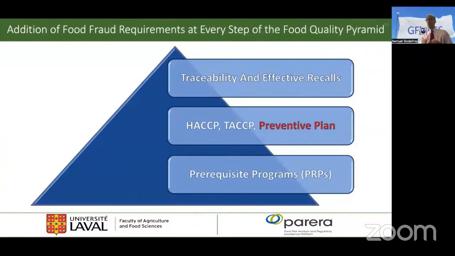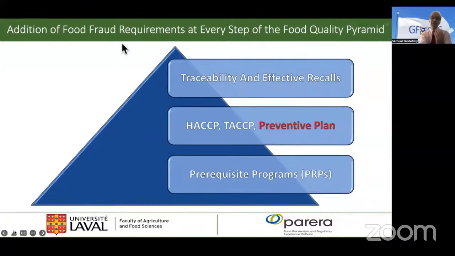Now, in general, the way food fraud would need to be managed could mirror approaches that are adopted for food safety. So, of course, prerequisite programs, looking at the way suppliers are identified and managed, but also the development of specifically targeted preventive approaches dedicated to the prevention of food fraud incidents.